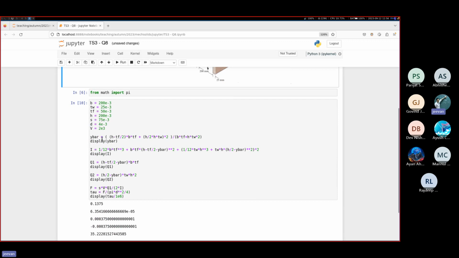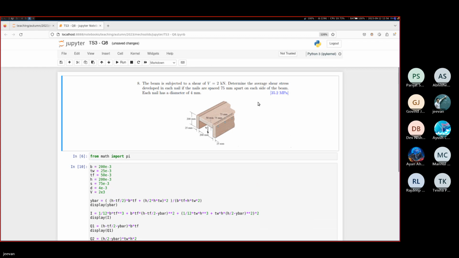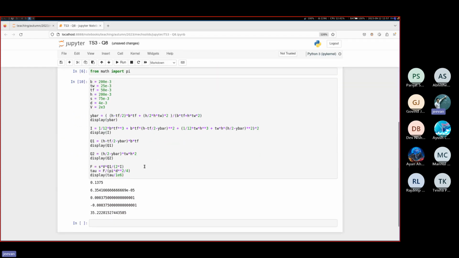So I have done the Y bar and all these things. I just want to show that I am getting the perfect answer also. Now if you want, I can share these files. You can play around with them, or you can make it yourself.